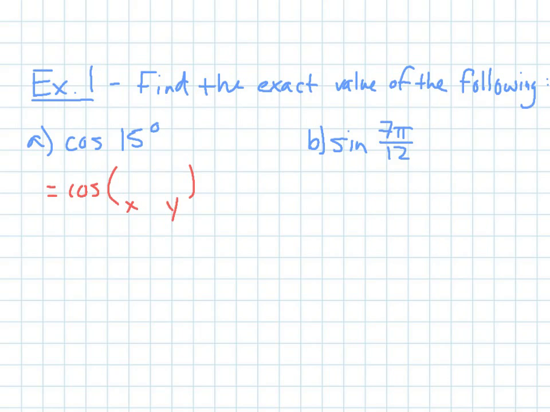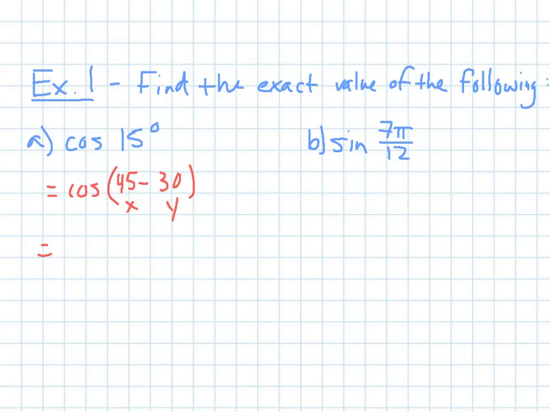So for 15, an easy one would be if I took 45 and then 30 and I subtracted the two, because 45 minus 30 gives me 15, plus I already know the ratios for 45 and 30. So then I can use this to help me find cosine of 15.